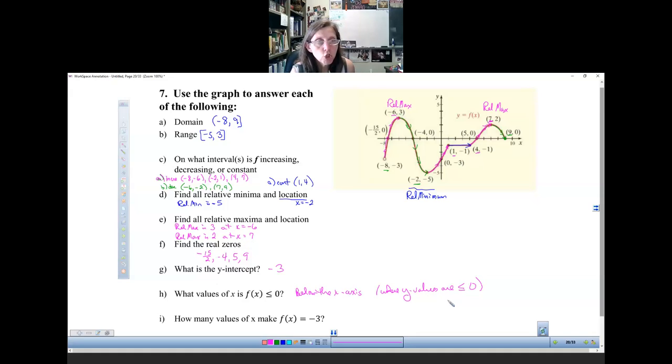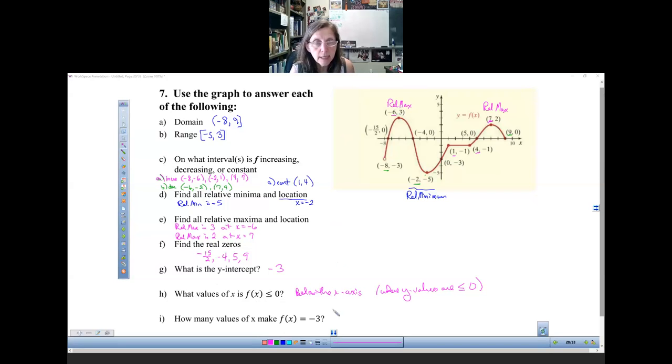I'm going to erase a bunch of these lines and things on here because it gets kind of messy. So I'm going to erase just these little arrows, so that we can see what's happening here. See if I can do this without erasing anything else. Okay, perfect.